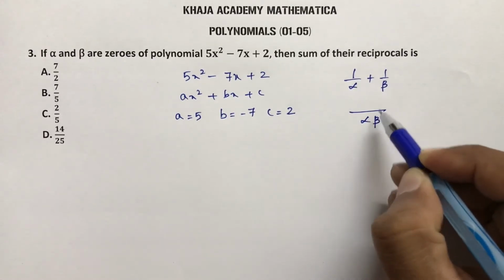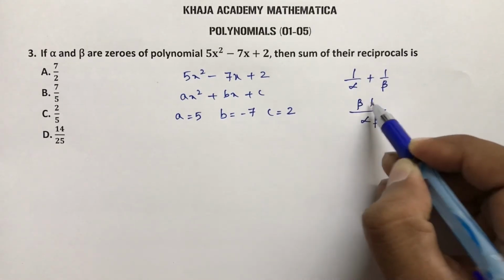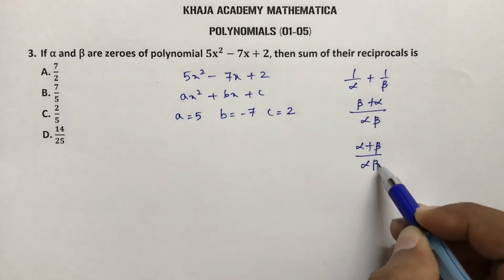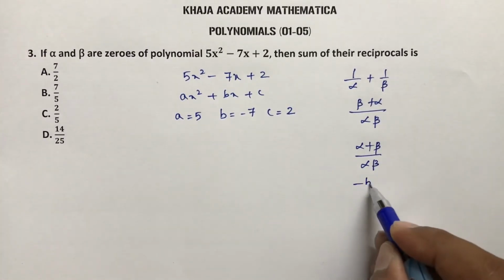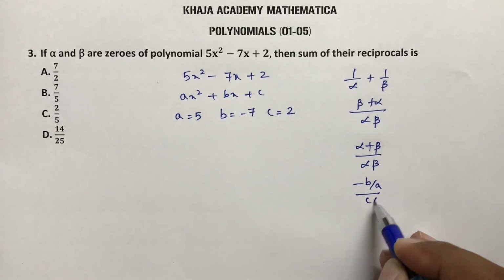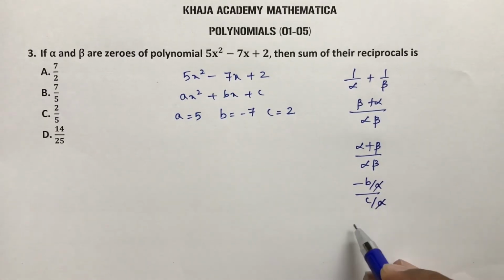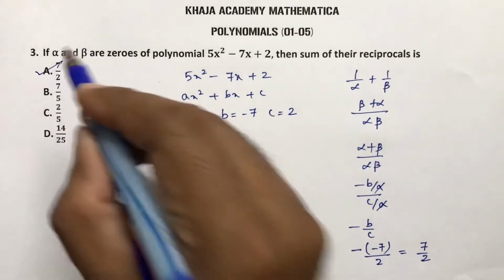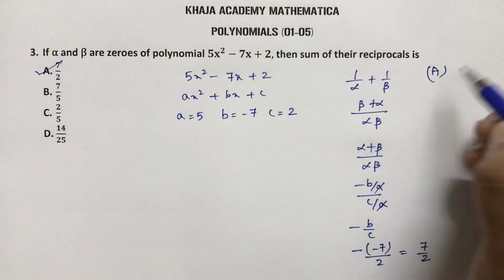LCM is alpha beta, and numerator you get beta plus alpha, so alpha plus beta by alpha beta. Alpha plus beta is minus b by a, alpha into beta is c by a. a and a cancel, giving minus b by c. Minus of minus 7 by 2, so the answer is 7 by 2. The correct option is A.